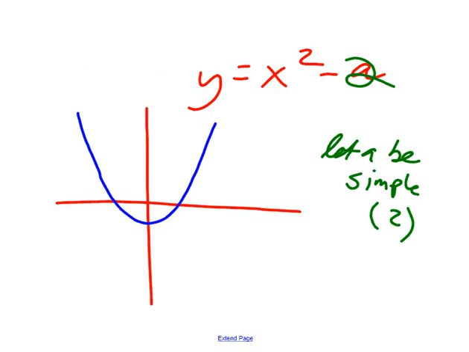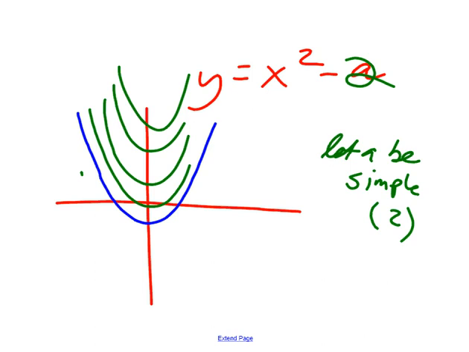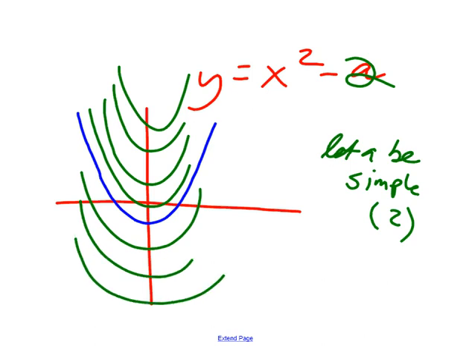And I could go like this. It could be up here, or it could be down here. And it's a family of a whole bunch of parabolas. But that isn't typically how it is. Typically, they say, oh, a has to be bigger than 0. Then you got to narrow it down.